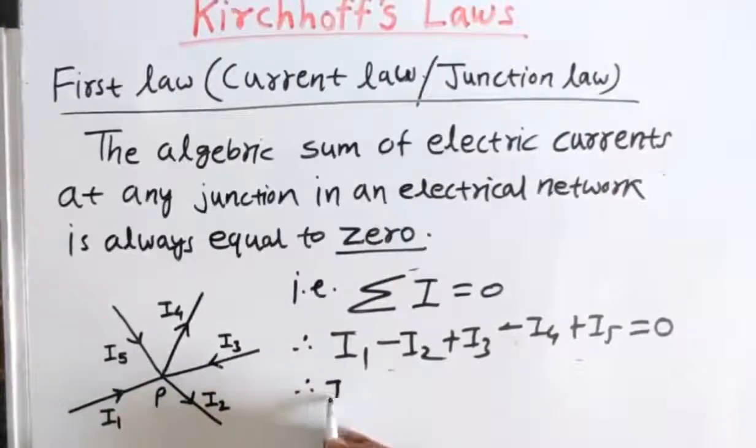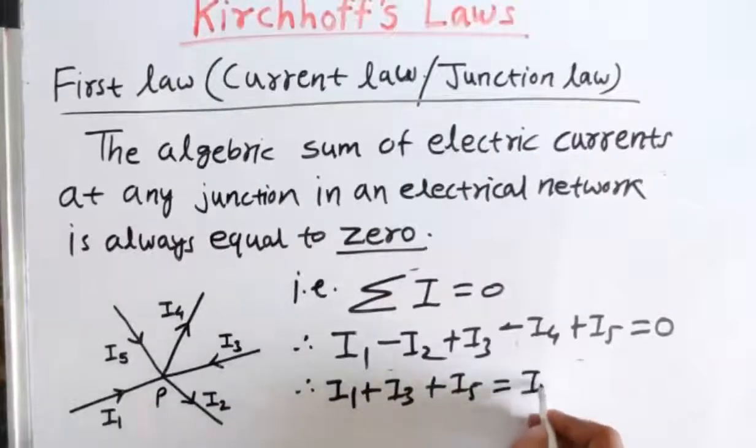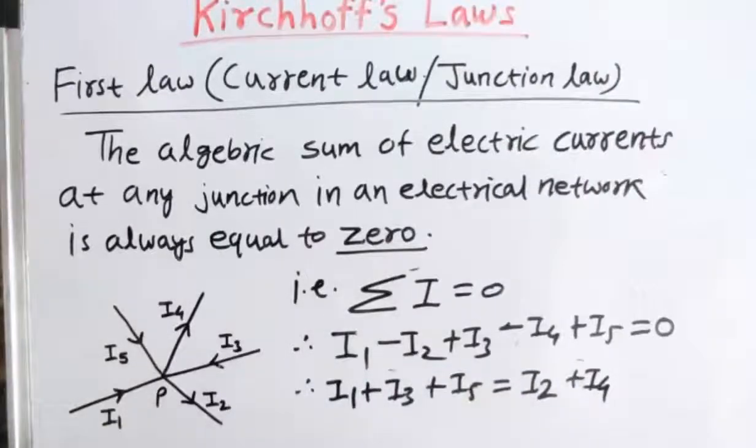Therefore we can write I1 plus I3 plus I5 is equal to I2 plus I4.